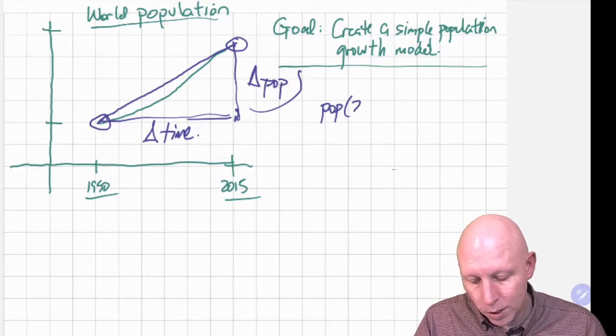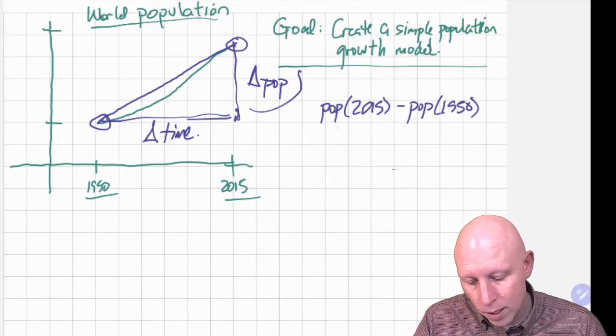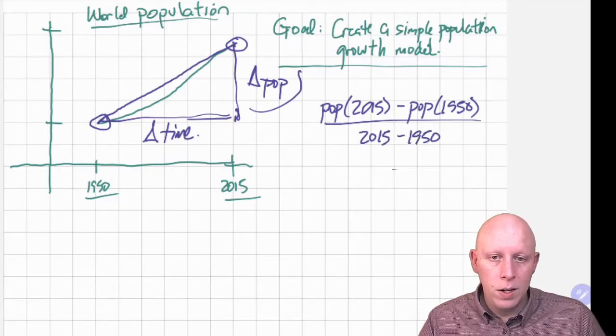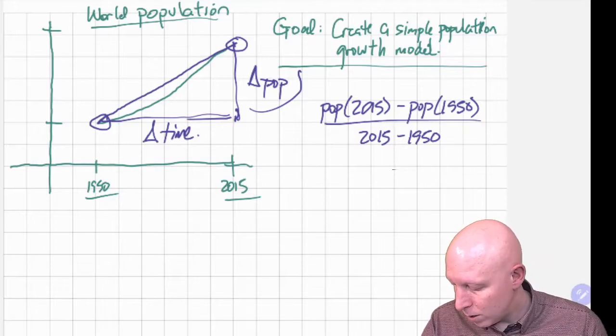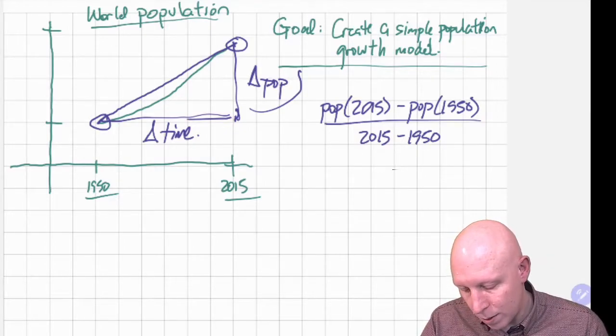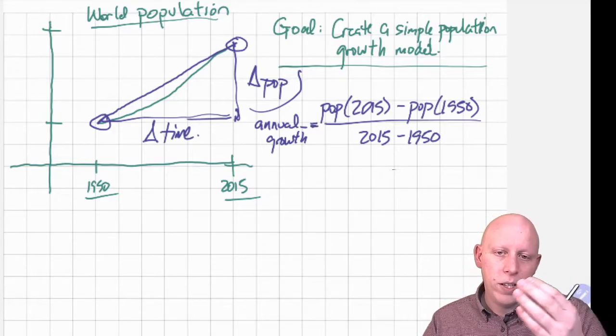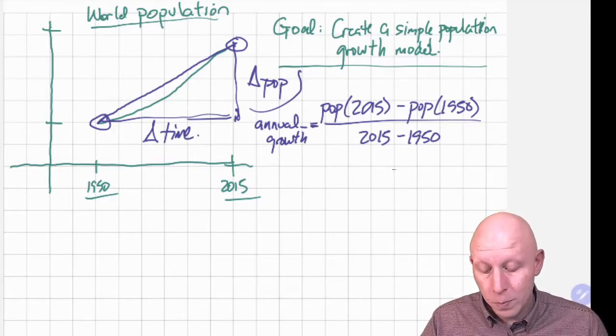The population at 2015 minus the population at time 1950, divided by 2015 minus 1950. So this will be our annual growth amount. That will be the slope of this line.